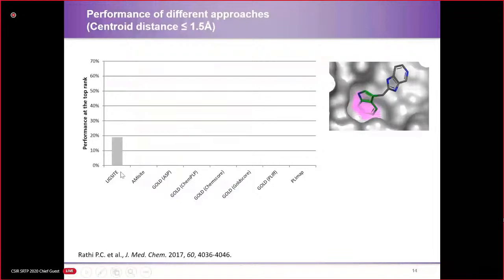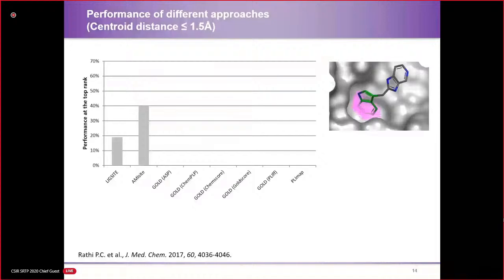It's very simple, it doesn't have sophisticated scoring functions, and doesn't take into account the interactions of the protein and ligand. It doesn't do well, but that's not surprising. It is a cavity detection program. It finds it, but it doesn't find it all the time.